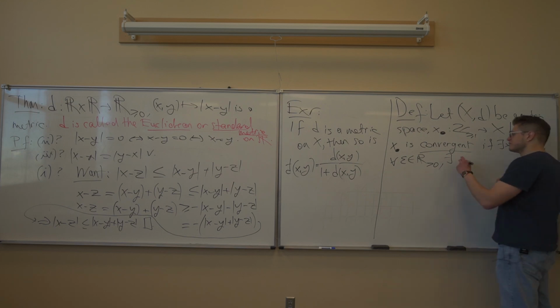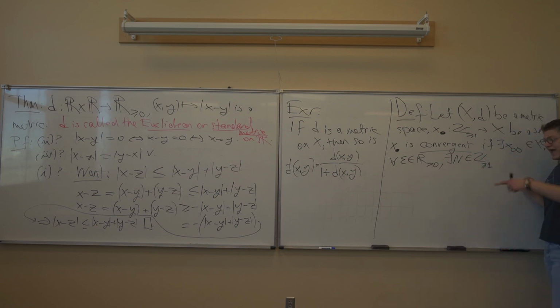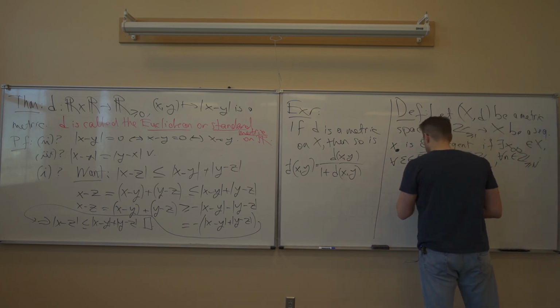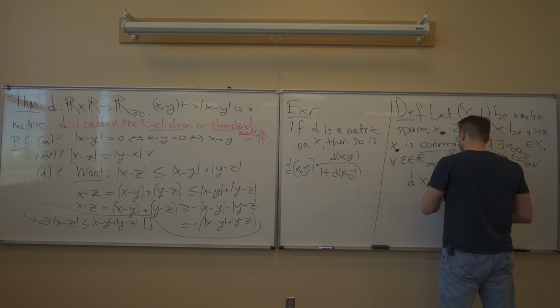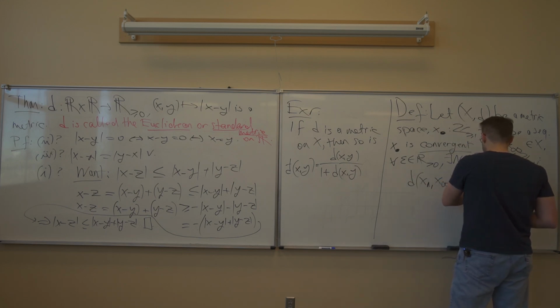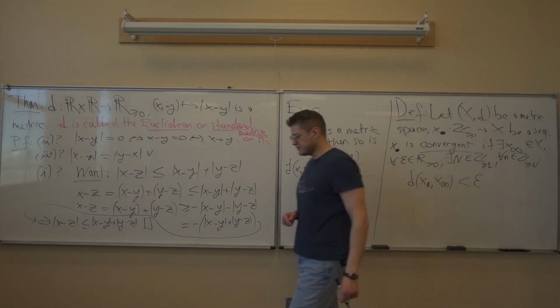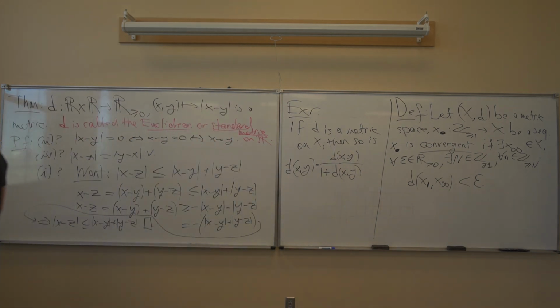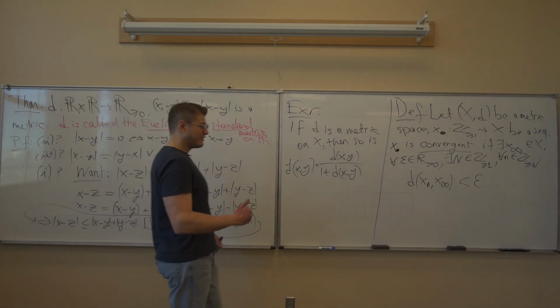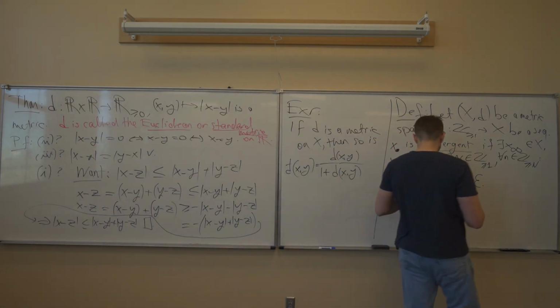The way to say this is there's an integer n such that after n, the distance between x sub n and the target is bounded by epsilon. That's the definition. In this case, we write the limit as n goes to infinity of x sub n equals x infinity, and so on.